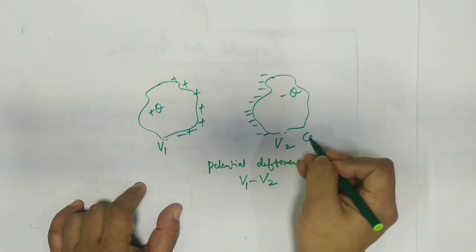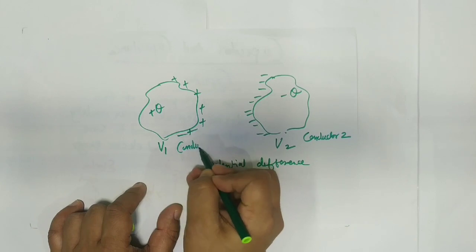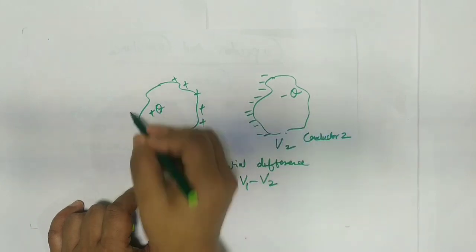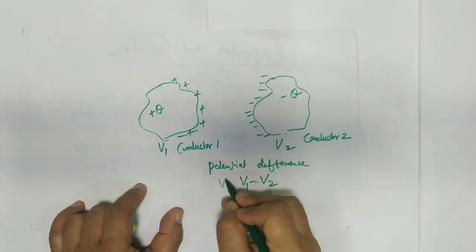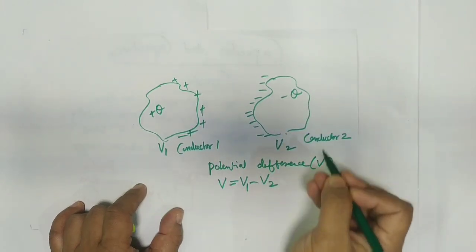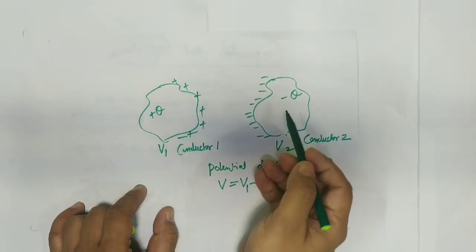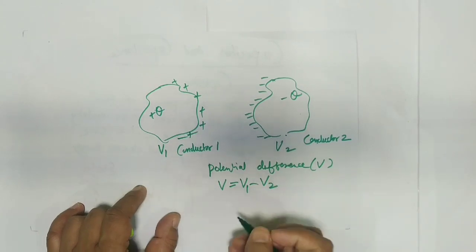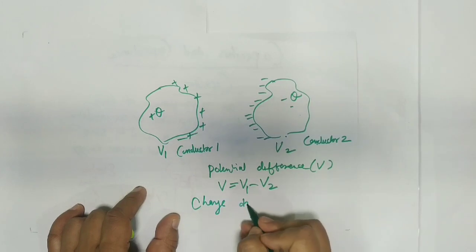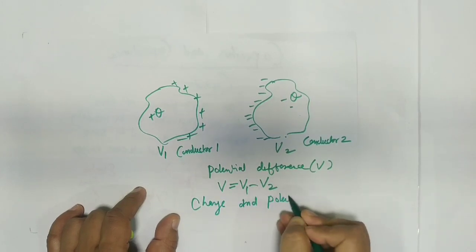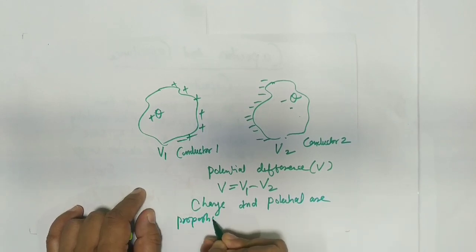The work done in taking a test charge from conductor 2 to conductor 1 gives the potential difference. So the charge and potential are proportional to each other.